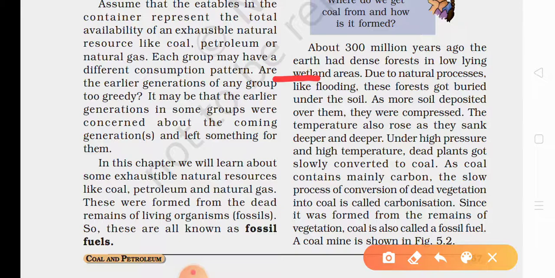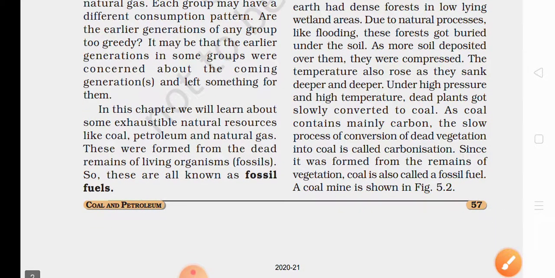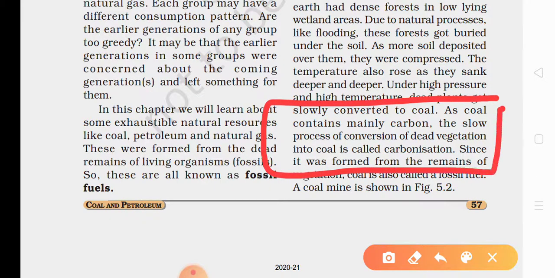The temperature also rose as they sank deeper and deeper. Under high pressure and high temperature, the dead plants were slowly converted to coal. As coal mainly contains carbon, the slow process of conversion of dead vegetation into coal is called carbonization.